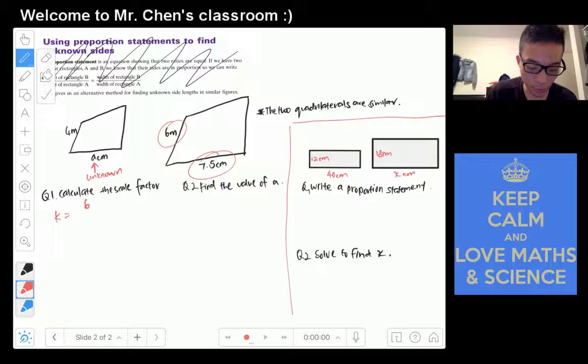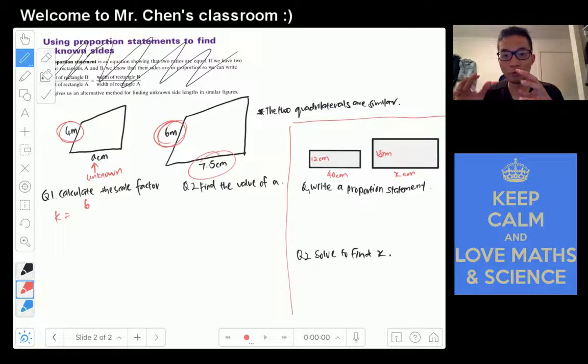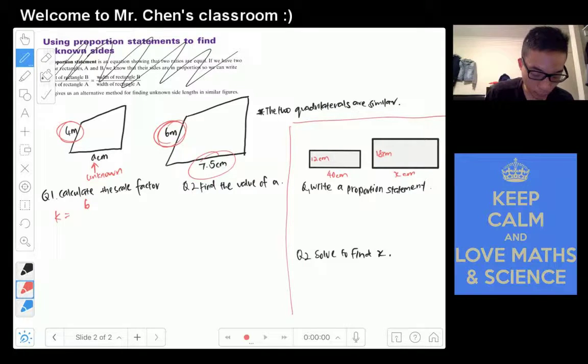Because you need to know both of the matching sides in order to figure out the scale factor, right? So we know the large side there is 6, and the other equivalent matching side is on the small shape, so it has to go to the bottom, has to be divided by 4 meters.